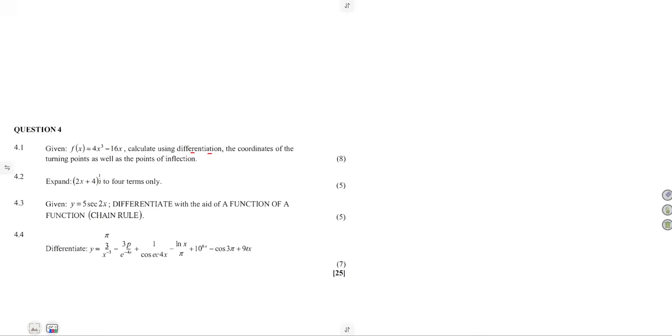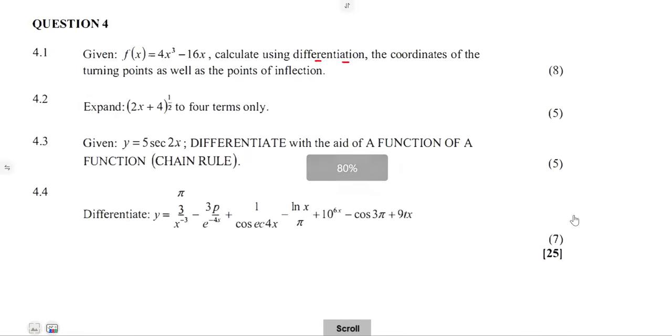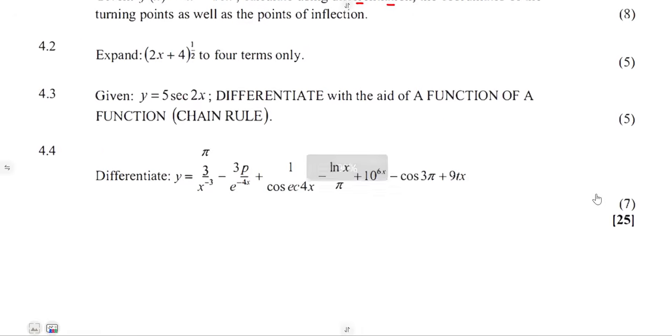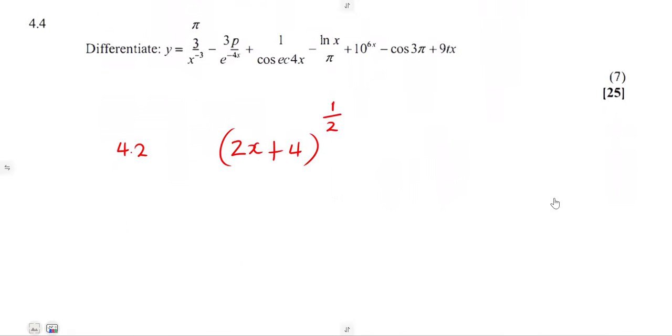Then 4.2: expand up to 4 terms for 5 marks. All right, let's expand this. Remember our binomial expansion, 2x plus 4 raised to the exponent of 1 over 2. I explained another way, guys, which is easier to understand.